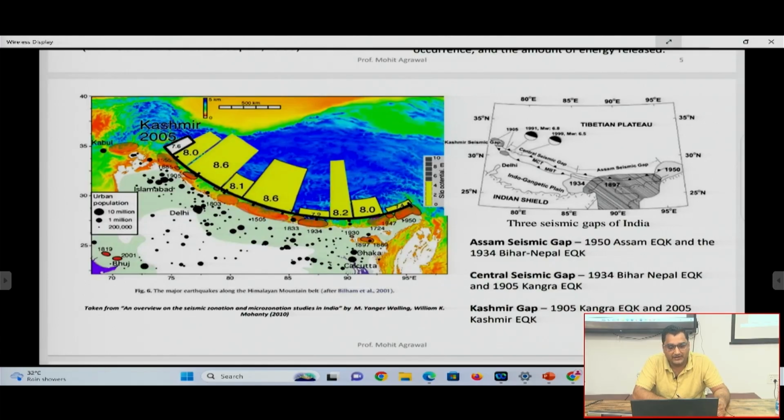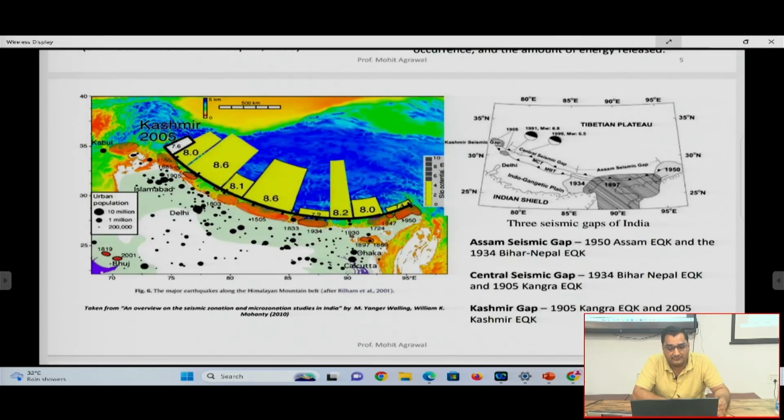Along this boundary, a lot of high magnitude earthquakes happened, and you can see we have marked all such earthquakes, not all but some of them, maybe more than magnitude 8 earthquakes that happened in this area in history.